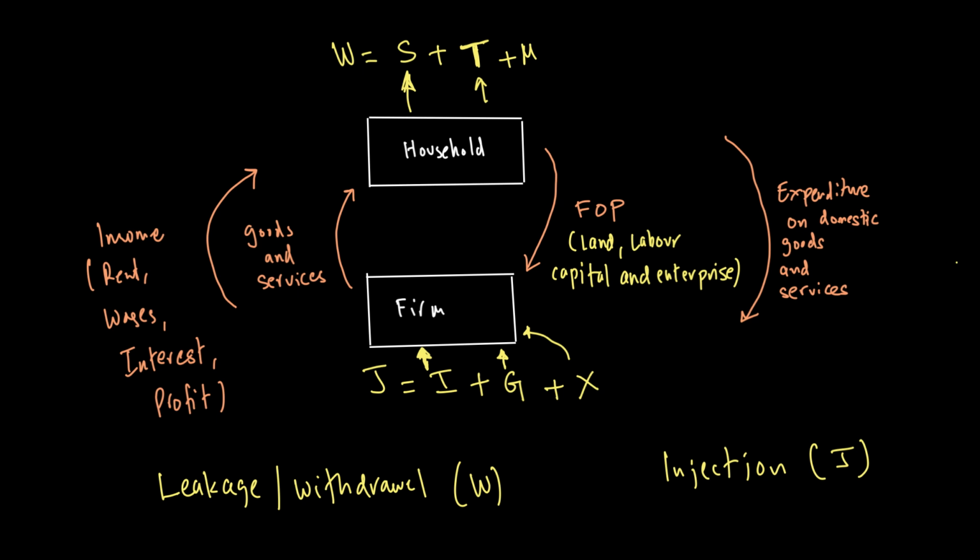Now, when we look at the equilibrium in the economy, the equilibrium may look slightly different. In equilibrium, we argue that the injections, with the symbol J, must be equal to the withdrawals, the symbol W. So, for example, let's say injections are greater than withdrawals. What will happen in an economy if injections, which is money coming into the economy, are greater than the money going out of the economy in withdrawals?